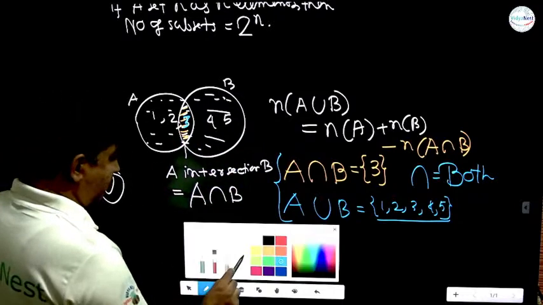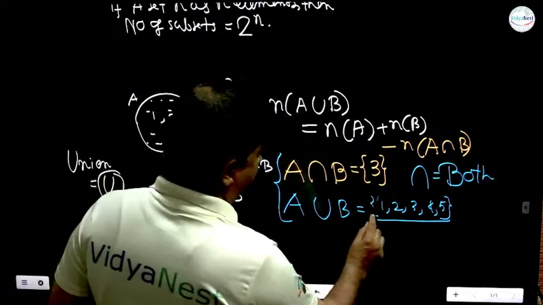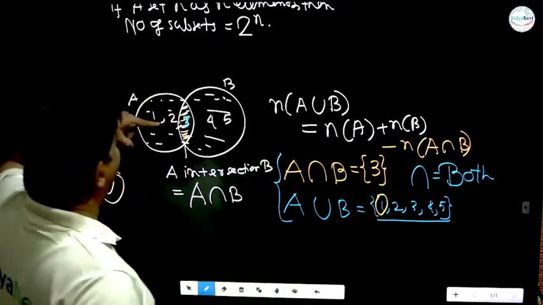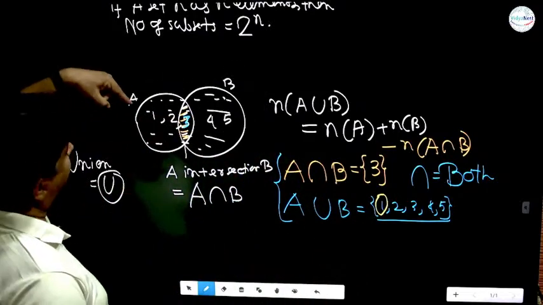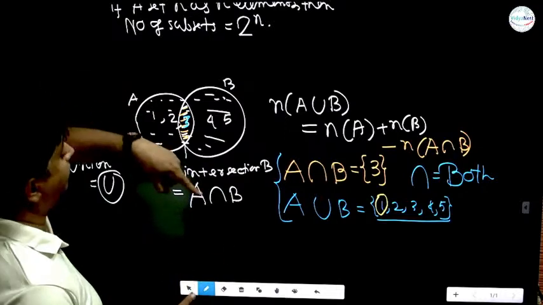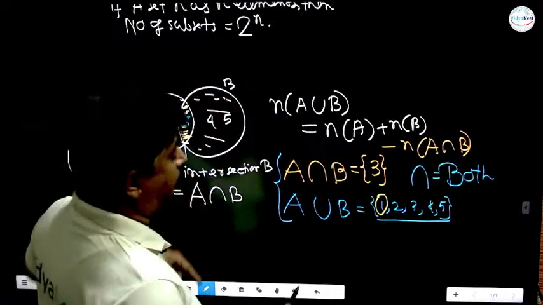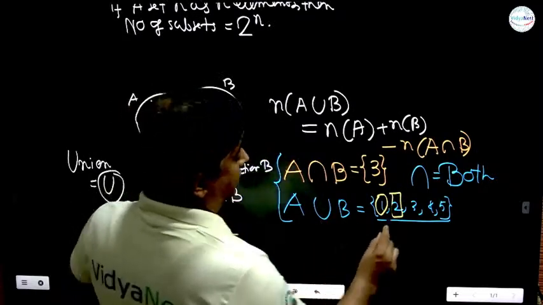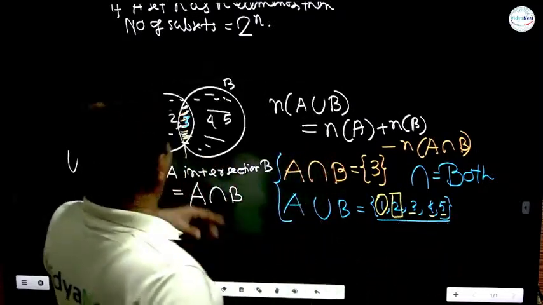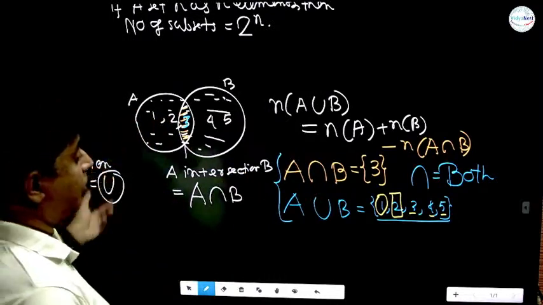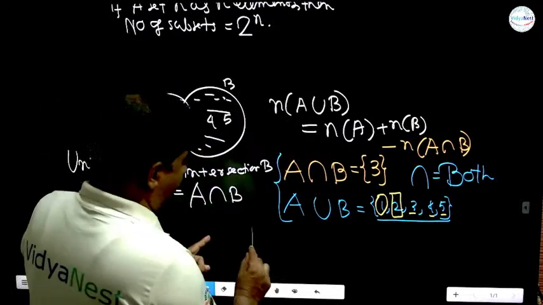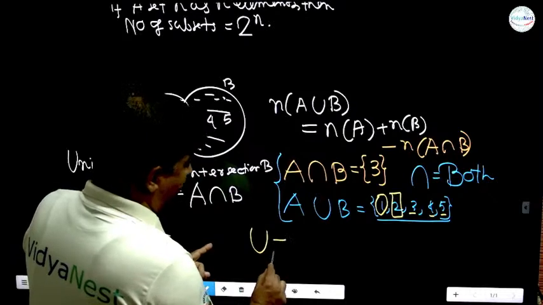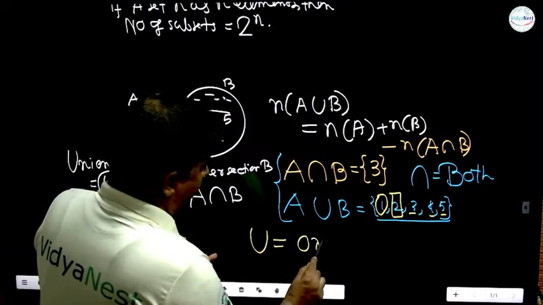In that case, I can't say which set 1 belongs to, but this much we can say: 1 belongs to either A or B. 2 belongs to either A or B. All these elements belong to either A or B. So from this example, we can interpret that union means the 'or' condition.